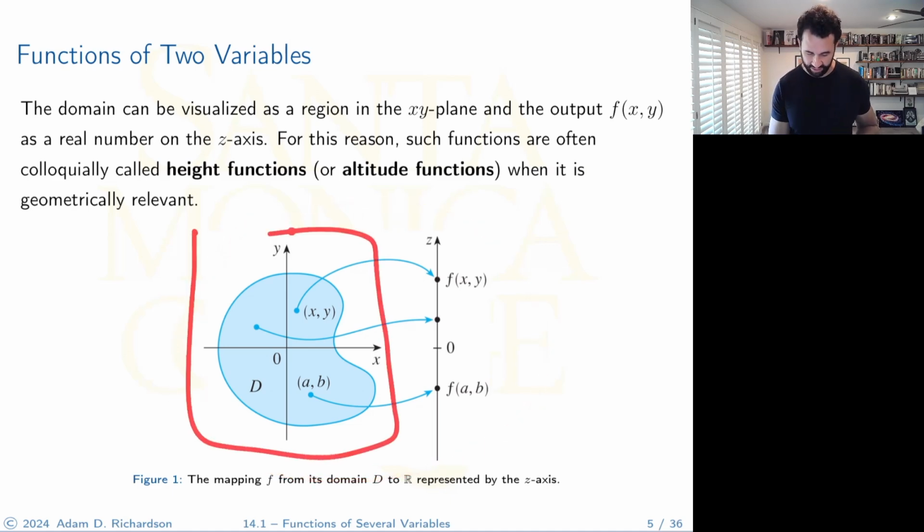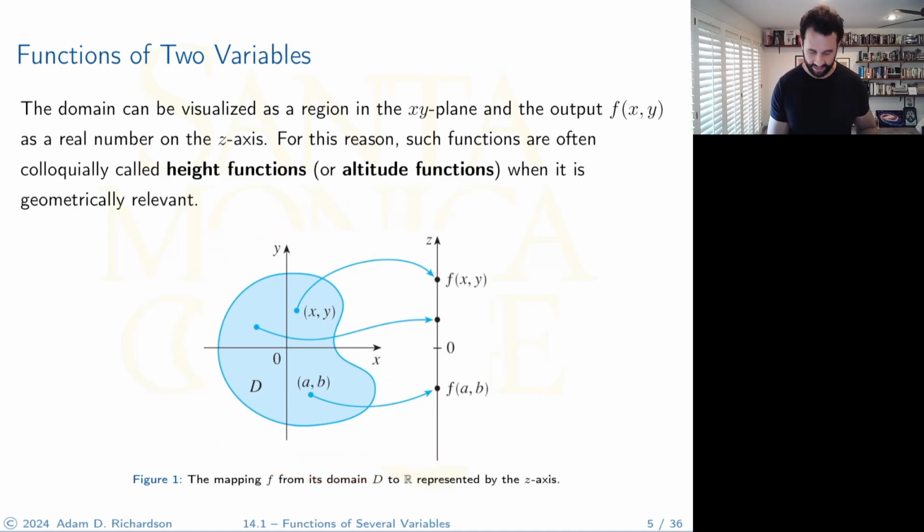This is the xy plane. Pick a point in that little region, the region D, which is this swoopy looking thing. Pick a point in there. We'll do this one. Then we map that point to a real number called f of x comma y. So f of x comma y is the output, and it's a real number.